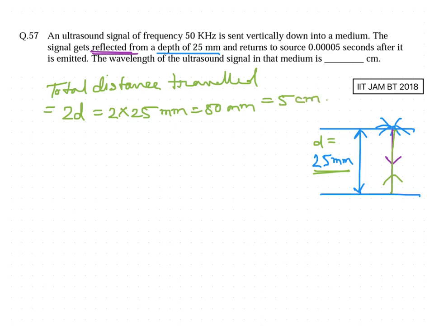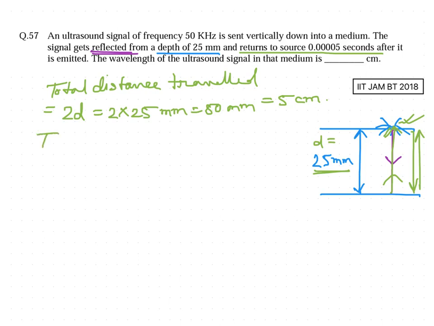Okay, and starting from this point, it returns back to this point. It takes total time, returns to source 0.00005 seconds after it is emitted. That means it goes down and comes back after 0.00005 seconds.